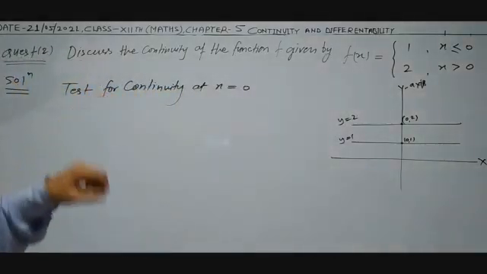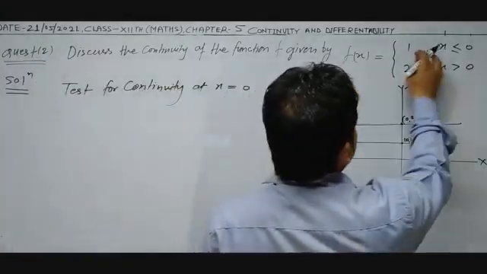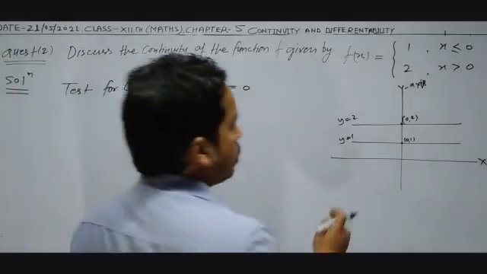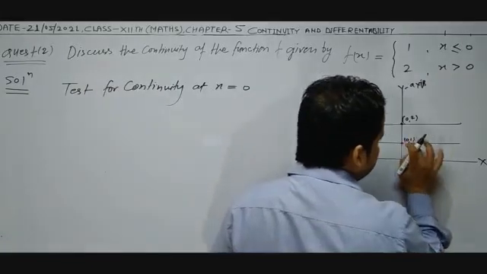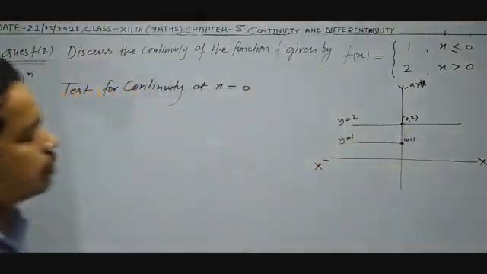y is equal to 1 and y is equal to 2. y is equal to 1 for x less than or equal to 0, where x values are negative, in the second quadrant, so this will not be here. This is the line.